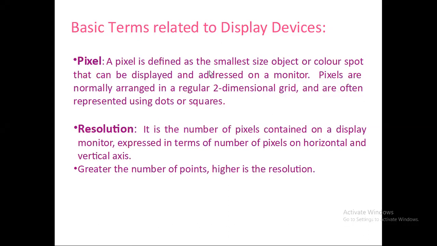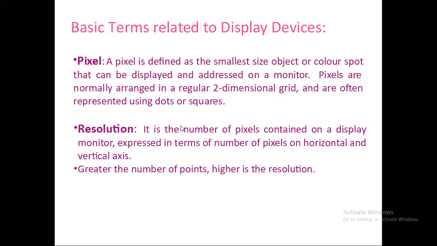Now the next point is resolution. What is the resolution? Resolution is the number of pixels contained on a display monitor, expressed in terms of the number of pixels on the horizontal and vertical axis. I told you that this screen is a grid of vertical and horizontal lines.